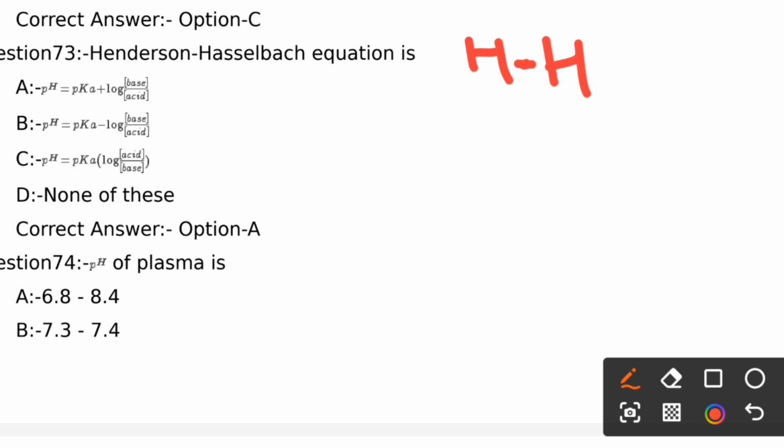Option C, pH is equal to pKa into log concentration of acid by concentration of base. Option D, none of these. The right answer is option A, pH is equal to pKa plus log concentration of base divided by concentration of acid.